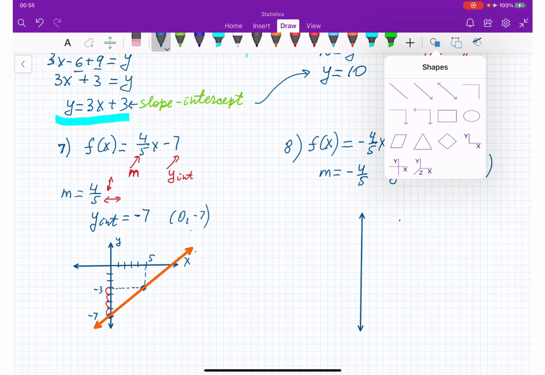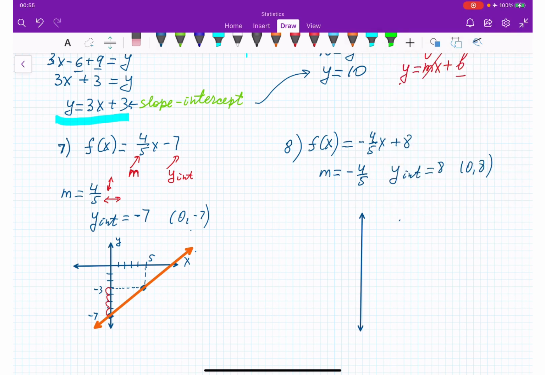So now my y-intercept is 8, which is the coordinate 0, 8. 1, 2, 3, 4, 5, 6, 7, 8.